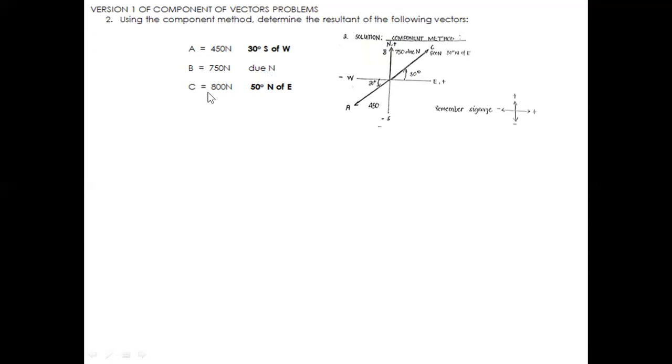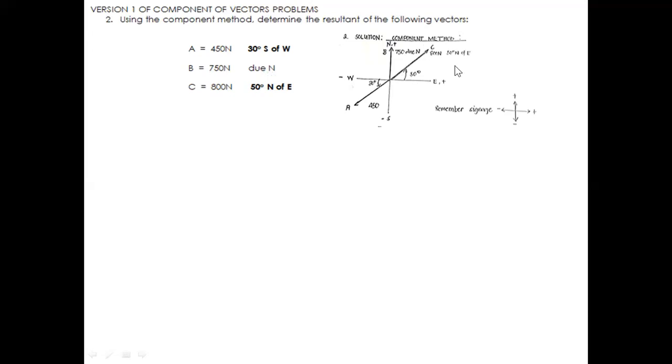For force C, 800 newtons, 50 degrees north of east, we're going to start graphing this vector from east going 50 degrees towards our north. So as you can see here, this is already our vector C, 800 newtons, 50 degrees north of east.